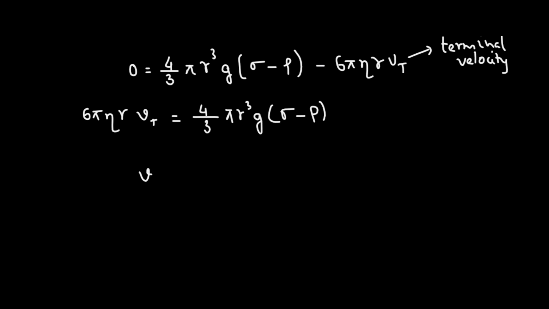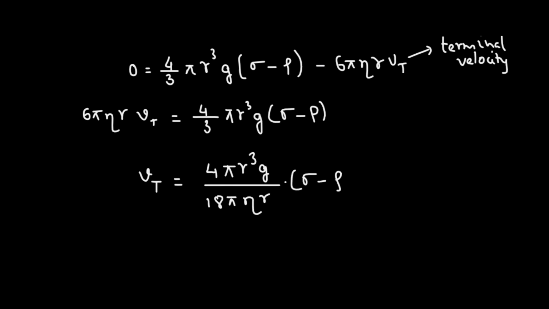So we have the terminal velocity vt equals 4 pi r cubed times g divided by 3 times 6, that is 18 pi eta r, into sigma minus rho. Here we can see that pi and pi cancel, and one r from the denominator and one r from the numerator cancel. 2 times 2 is 4 and 2 times 9 is 18.